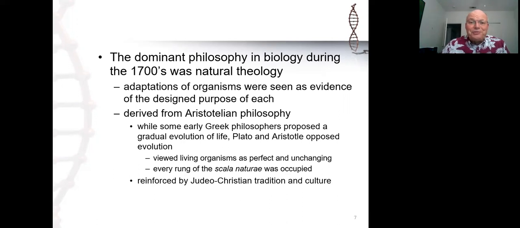Darwin's grandfather, for instance, Erasmus Darwin, proposed his own quote unquote theory of evolution. It was nowhere near as complete as Lamarck's, and it certainly was not as complete as Darwin's. But he nonetheless accepted the idea that an organism was probably able to change over time and was subject to change over time.